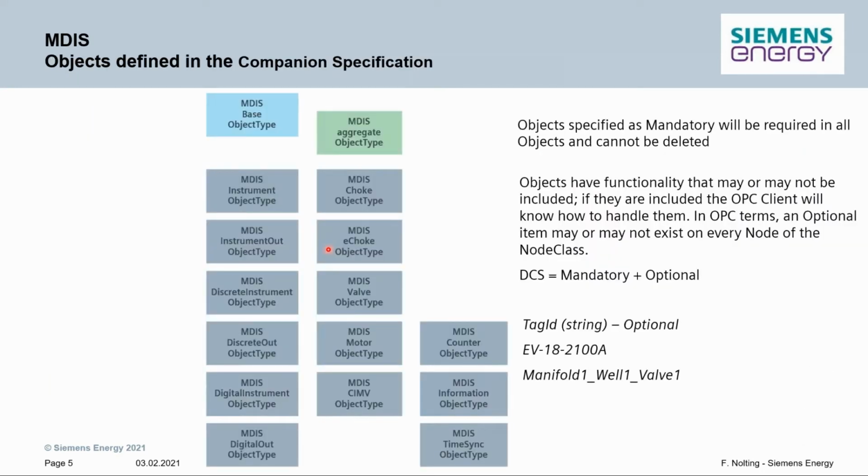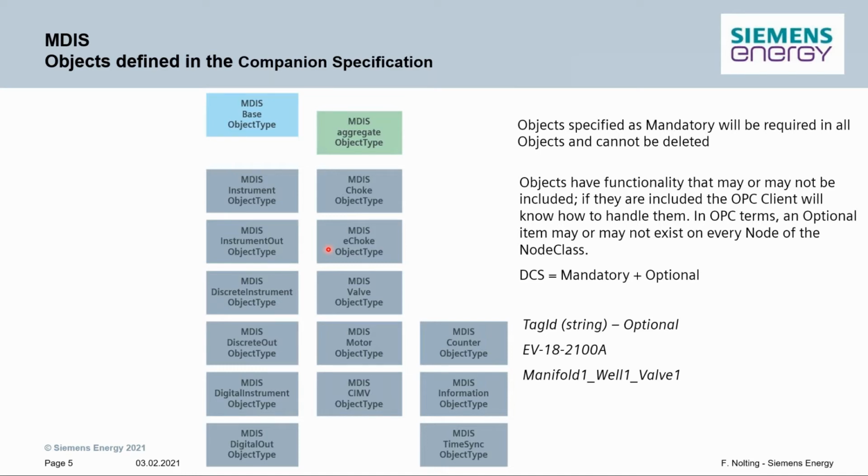In Siemens, we have of course gone to MDIS. We have implemented the different object types. Some of the new types like CMIV we are just working on. We have not come to that part yet, but we will work on them while the companion specs are released. When you work with MDIS as a DCS vendor, you will see that there are a lot of mandatory items. That means those are items that the server has to provide to us, but there is also flexibility in what we call optional items.